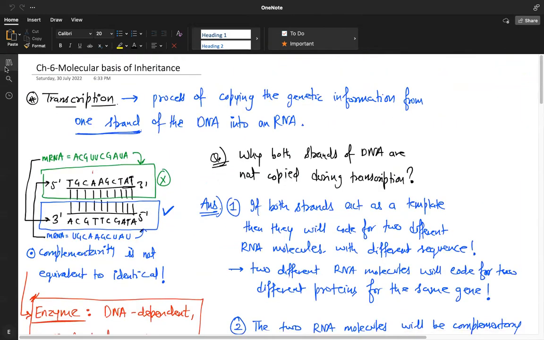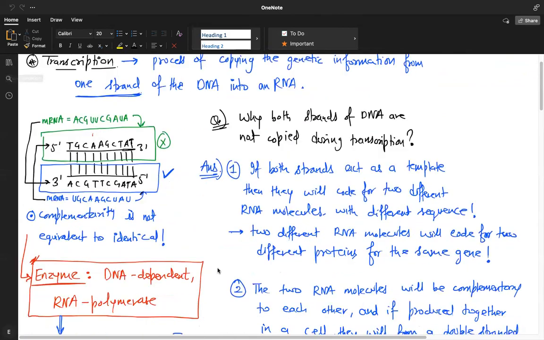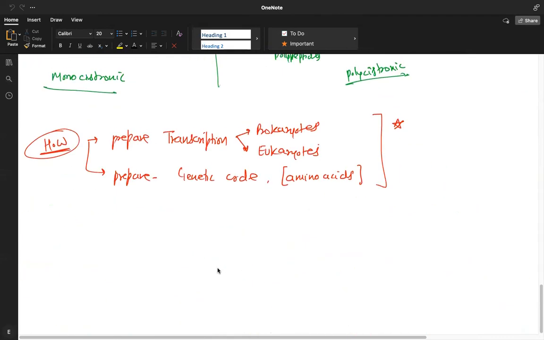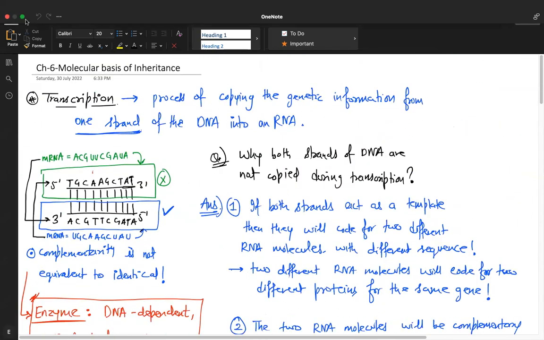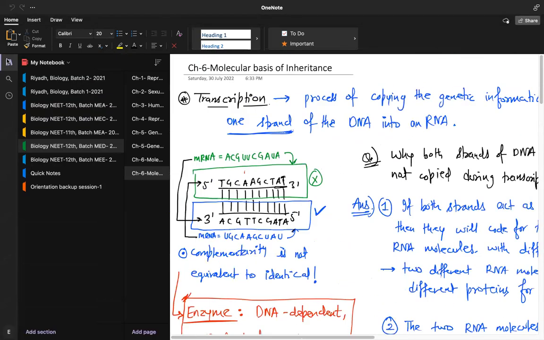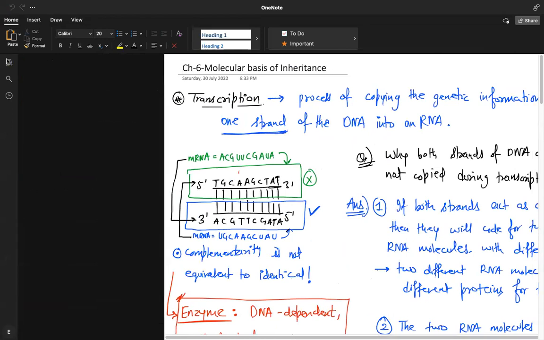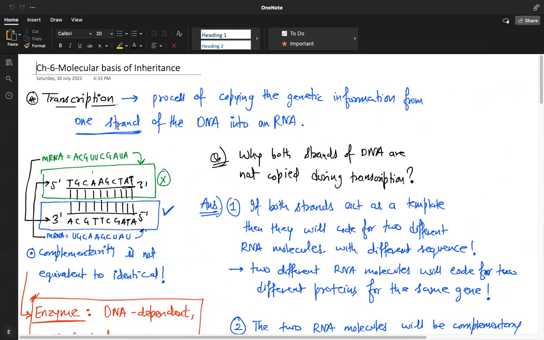So we wrote about replication fork first. Replication fork. I think we have done transcription also, isn't it? Yeah, we did transcription also. Yes, right. Okay, Arpit, how about you giving a summary?